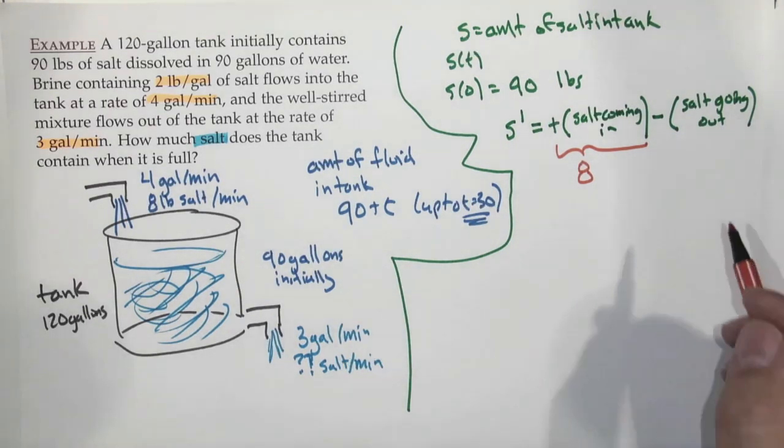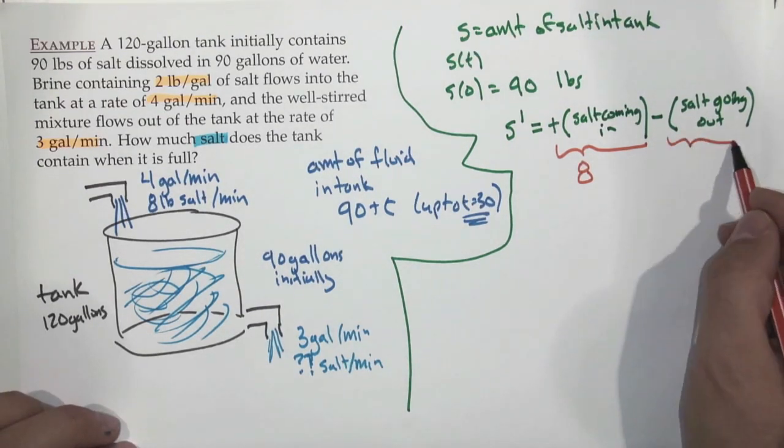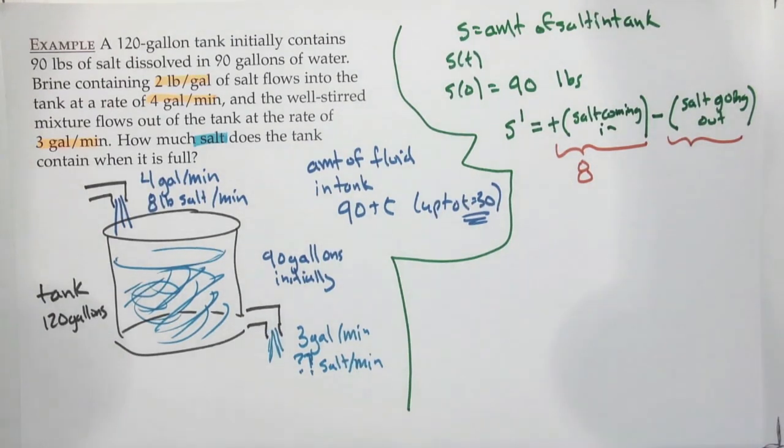So, how much salt is going out? Well, let's change it and ask a different question. How much of the total fluid is going out? Like, what portion of the fluid is going out? Well, 3 gallons is the amount, but I'm looking for the proportion.